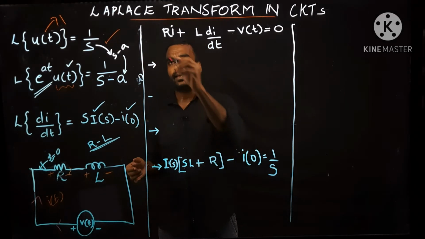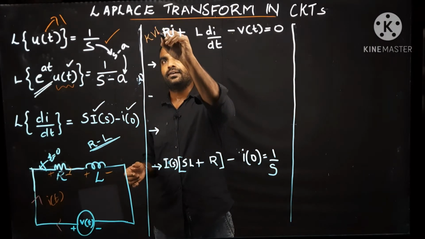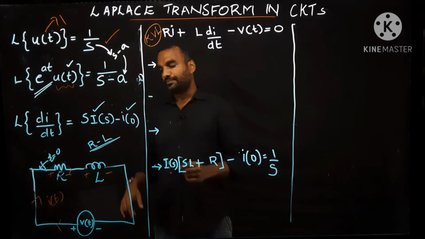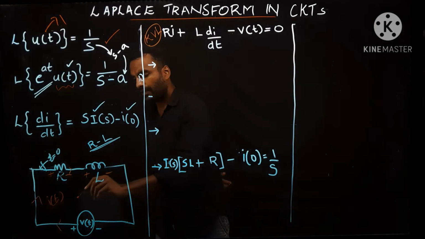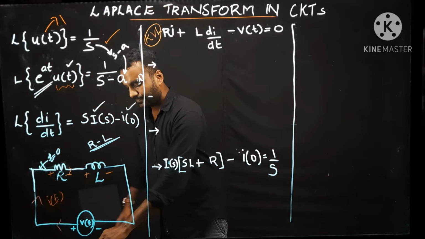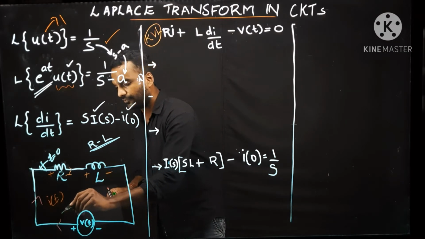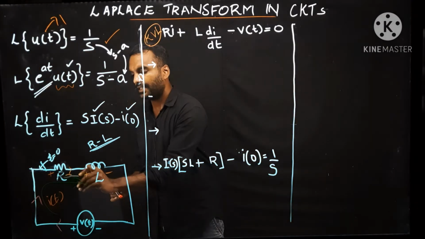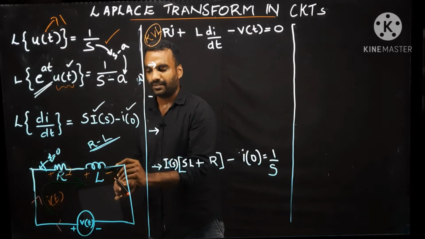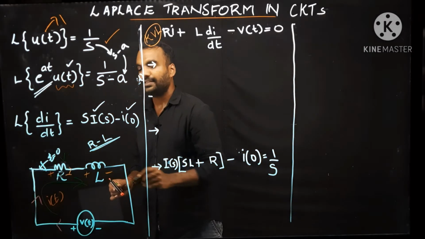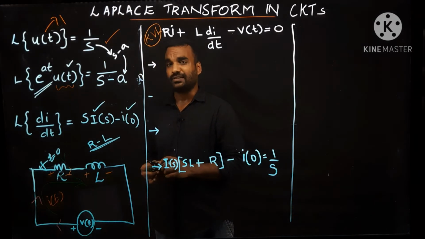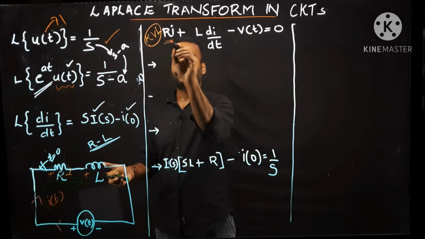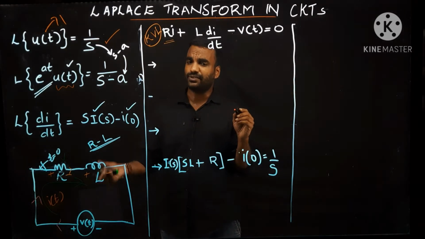So let me write the KVL. Suppose you are assuming such a direction for applying KVL. Initially we are seeing the plus of the resistor, so this voltage is the voltage of the resistor. What is the voltage of the resistor? Plus R into I, resistance into current.